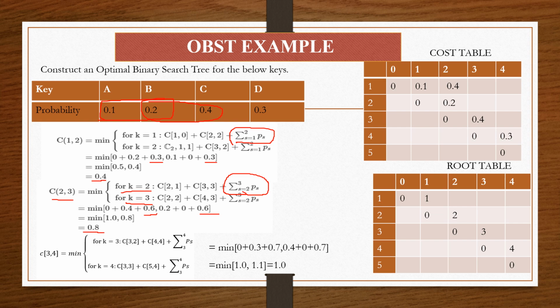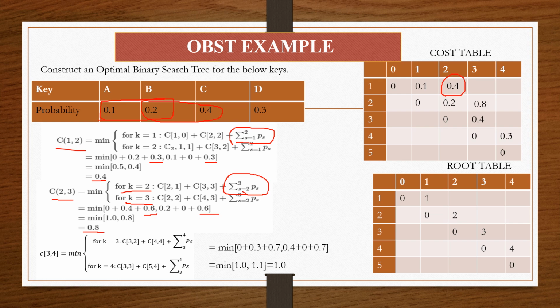So for 1 to 2, it is 0.4. That is why in 1 to 2 I have entered 0.4. For 2 to 3, the minimum value is 0.8, so 2 to 3 will be 0.8. 3 to 4 is 1.0.